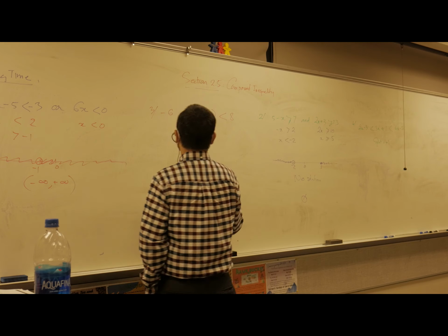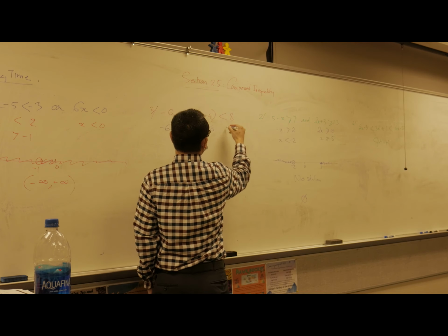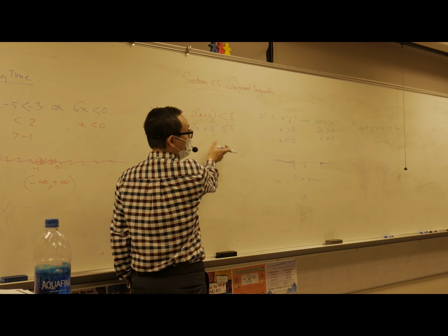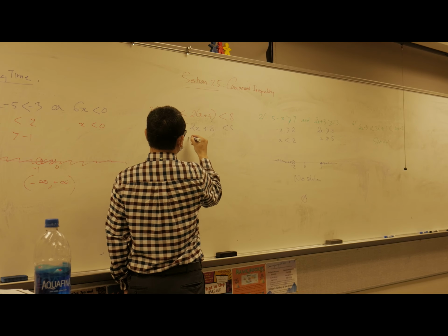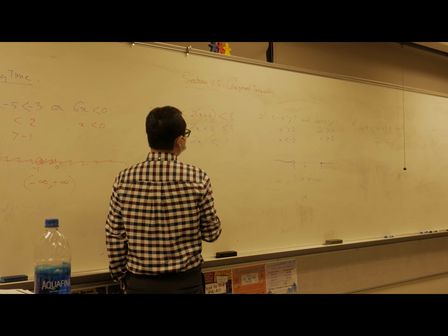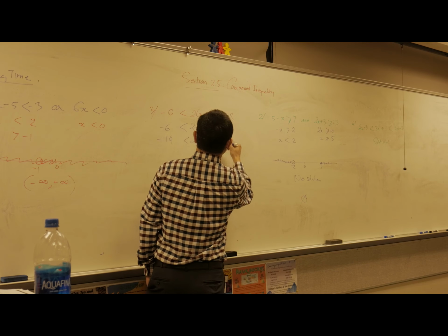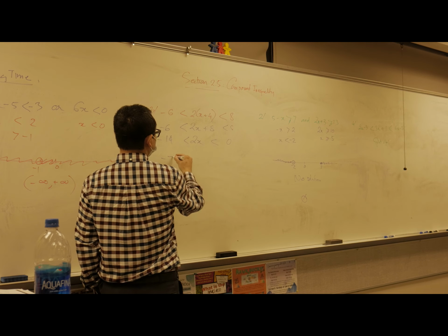Alright, let's see if it's correct or not. Distribute: 2x plus 8 less than 8. You subtract 8 from both sides. Are you okay? You ready? 0, if it's "and."